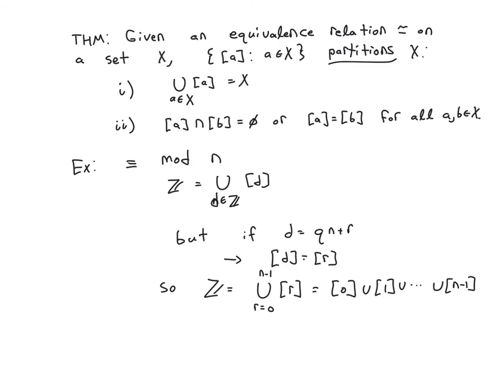It is worth pointing out that this example is very, very simple. In general, for arbitrary equivalence relations, we don't really get this nice feature where there's this nice, well-defined representative so that we can actually tell exactly which equivalence class a particular element belongs to. In general, that's a very hard problem.